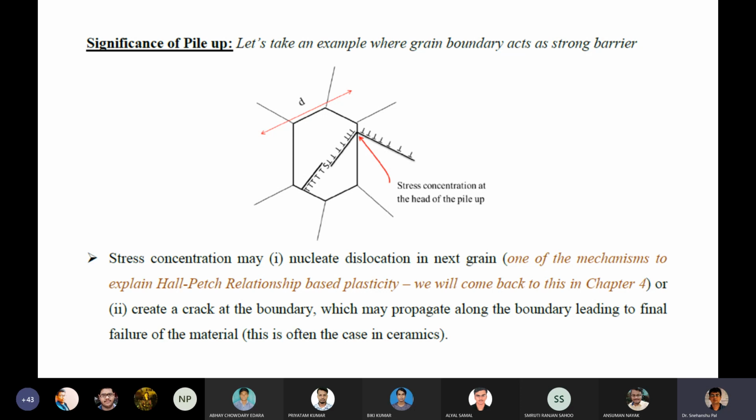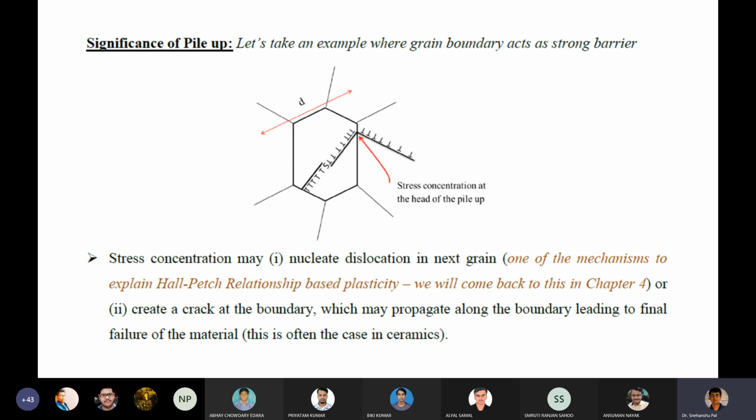If you look at the dislocation pile-up, when a pile-up is there, the movement of new dislocations will be hindered. If there are many grains, the volume fraction of grain boundary in a particular matrix is more, and there are more chances of pile-up of dislocations. Why? Because dislocations are going to be piled up due to the presence of obstacles like grain boundaries.